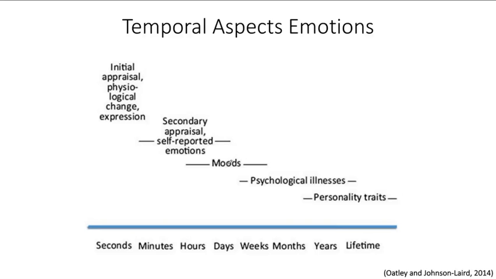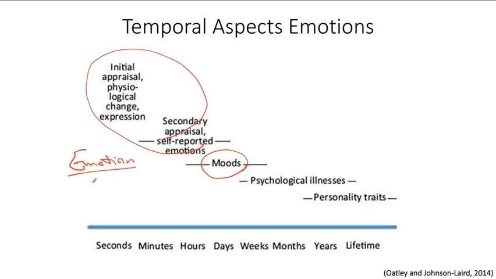But in the same context, we have things that we call mood. The major difference between mood and emotion, as we discussed, is that emotion is a response, but mood goes towards having something like a state that is far more stable than emotion.